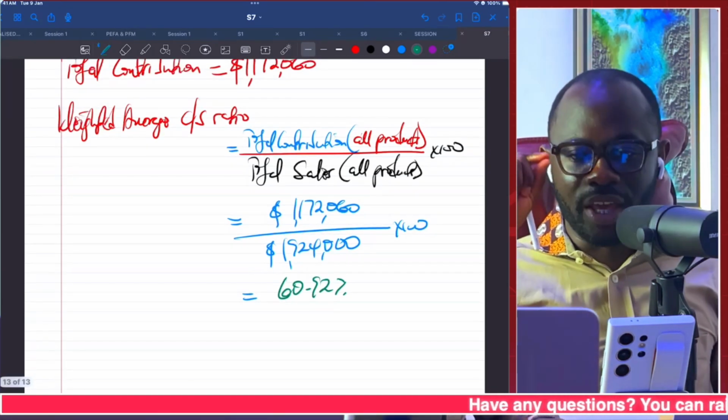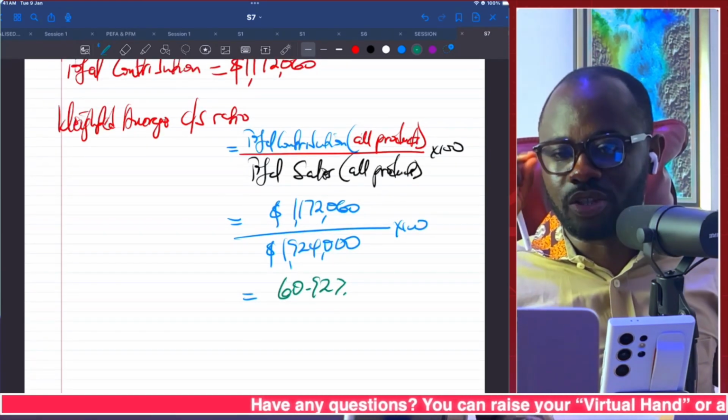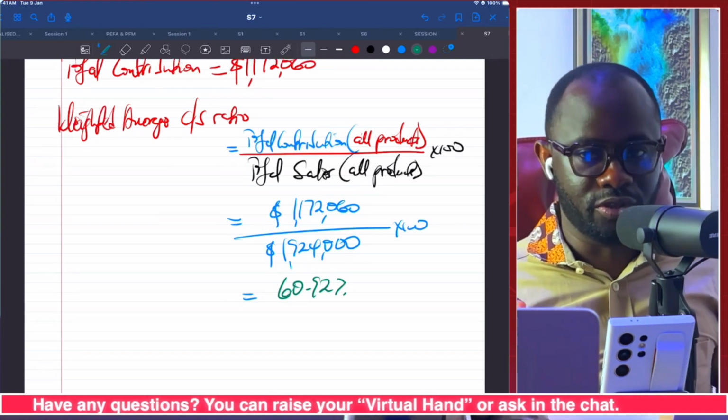So that is how we calculate weighted average contribution to sales ratio.